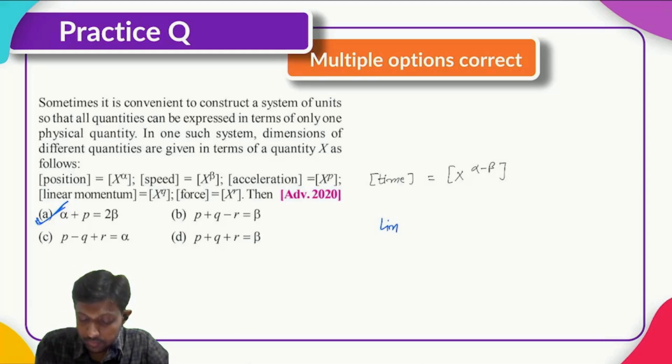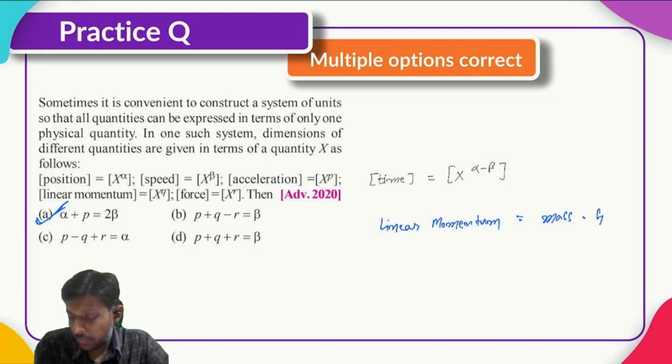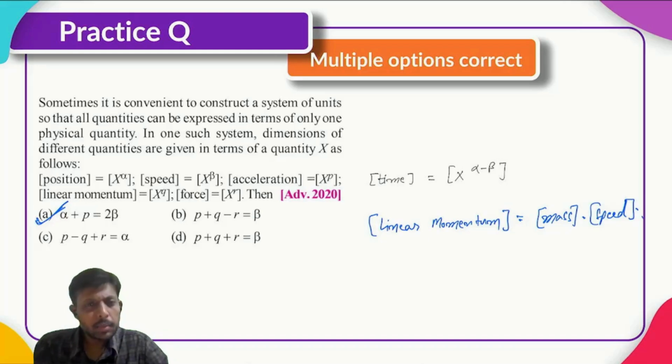Linear momentum is equal to mass multiplied by speed. Mass into velocity, that means. If we talk about the dimensions, linear momentum's dimension is given as x to the power q. Speed's dimension, it's also given in the question as x to the power beta.